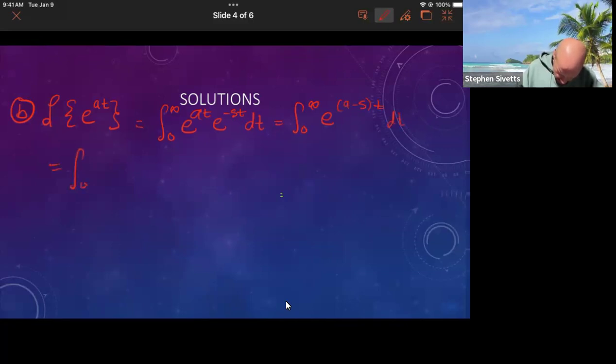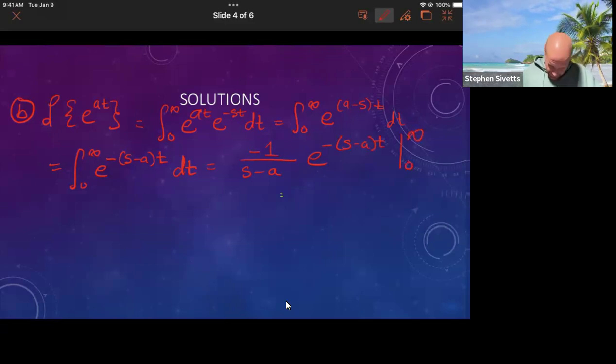So the integral from 0 to infinity of e to the minus s minus a times t dt. Okay? So I'm going to write it out like this. And so this equals minus 1 over s minus a times e to the minus s minus a times t. And this goes from 0 to infinity.